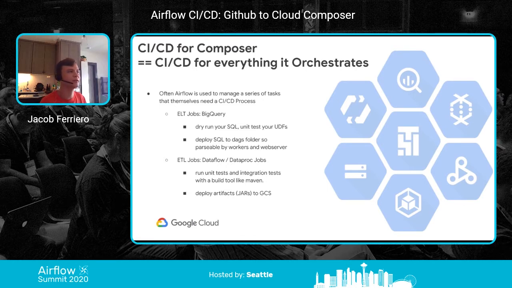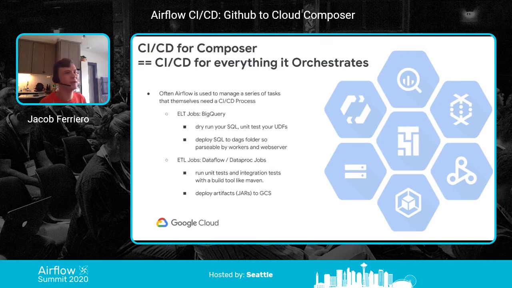So we need to make sure that we are testing everything around Composer before we deploy this DAG to any kind of staging or production environment. Some easy tests we can run on things like BigQuery jobs: we can use the BigQuery CLI to dry run our SQL. And we can make sure we put our SQL files in a place where Composer can find them.